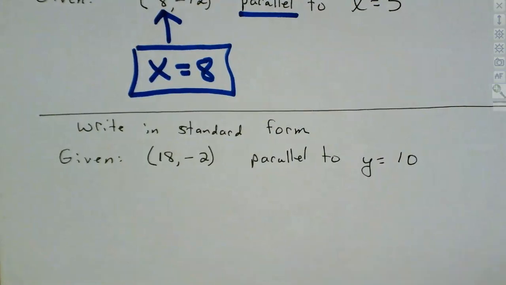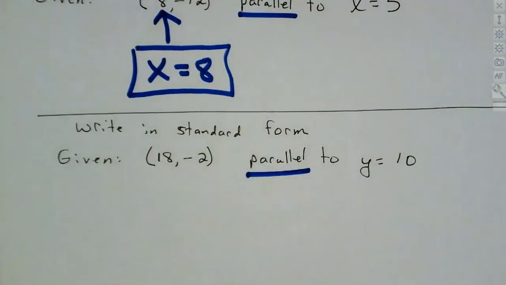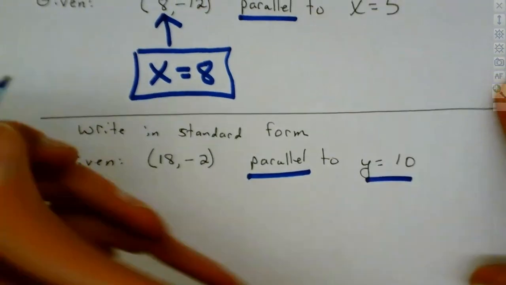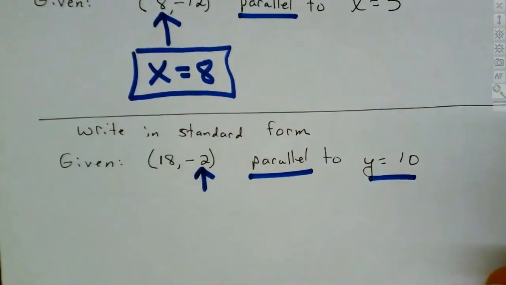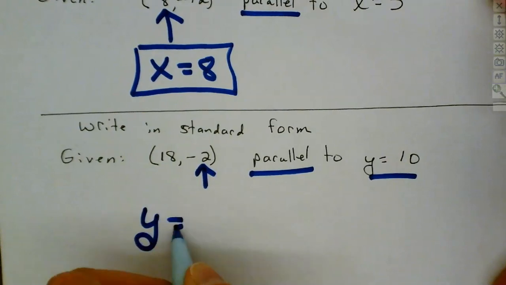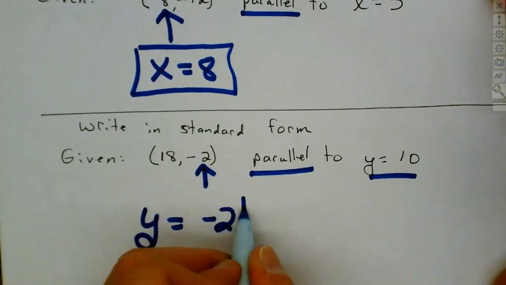Now, the key word here is parallel. Parallel lines have the same slope. This is a y equals 10 line. So what's the y component of this ordered pair? Negative 2. So what would your answer be? There's not much to these at all. Y equals what? Negative 2.